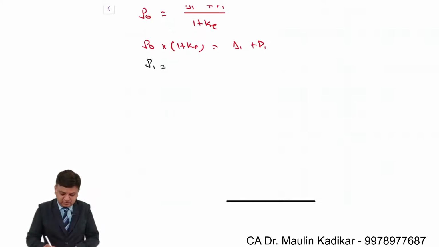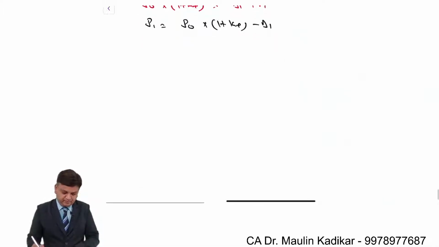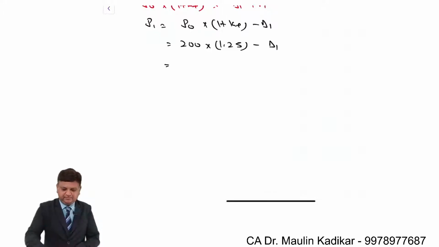So P1 is equal to P0 into 1 plus K minus D1. What is P0? P0 is 200. What is cost of equity? 25%. Minus D1. That is 250 rupees.